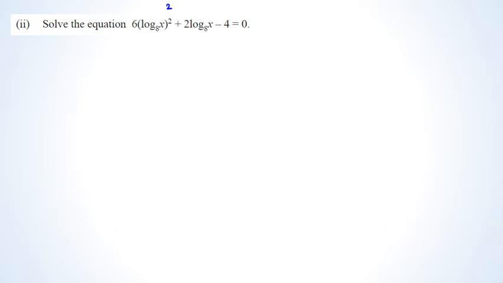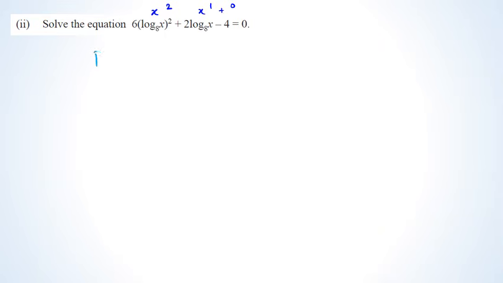Here, you've got a squared. Here, you've got a 1. And then here, you've got a constant by itself. I guess what I'm trying to get you guys to look at is you're potentially dealing with a quadratic with a constant here.